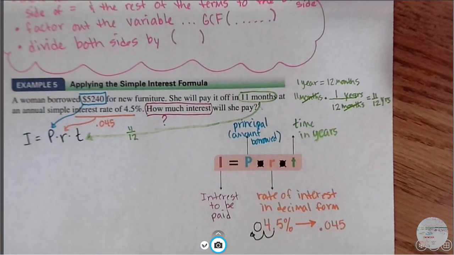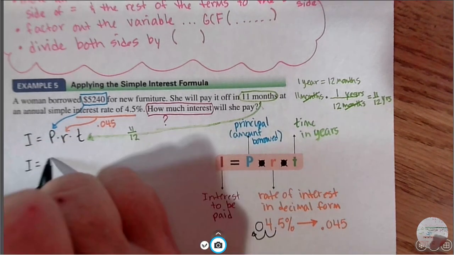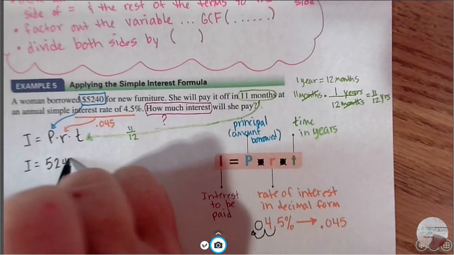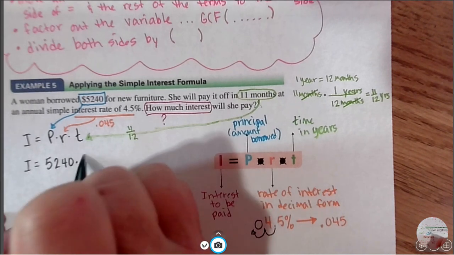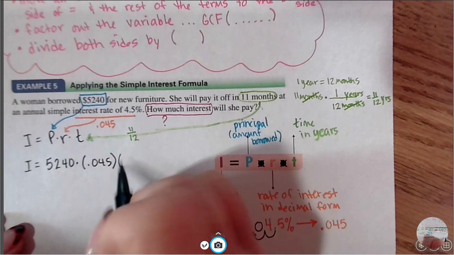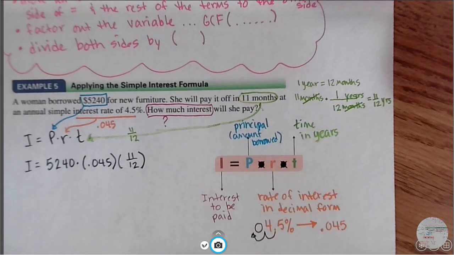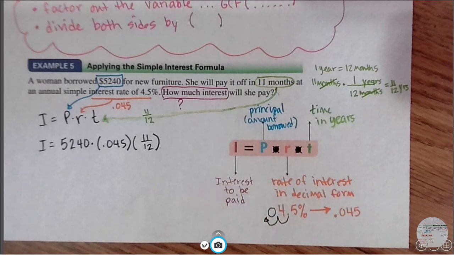Alright, then we're just going to work through. So I have I equals P, which was 5,240, times R, which was 0.045, times T, which was 11 twelfths. This is going to be money, so we're definitely allowed to use decimal points on here. So we'll get out our calculator.